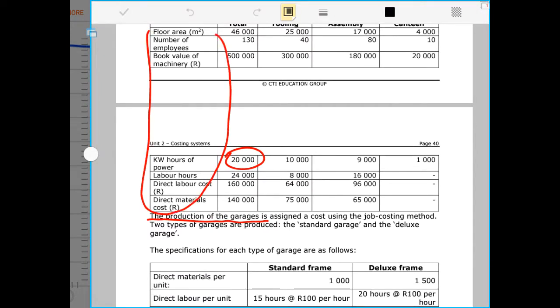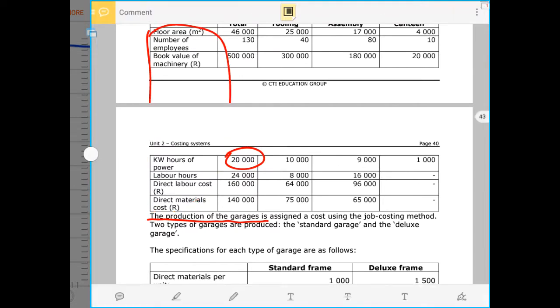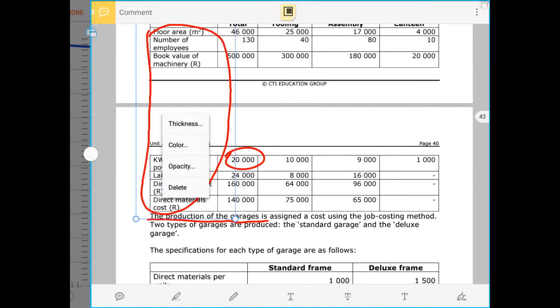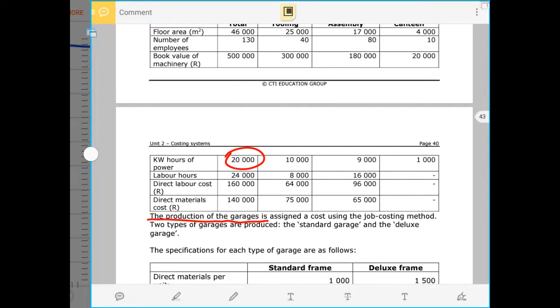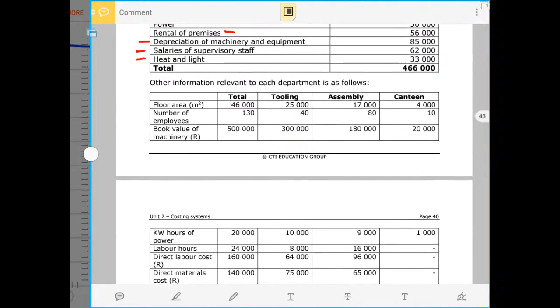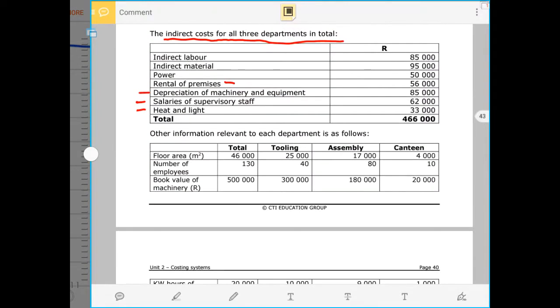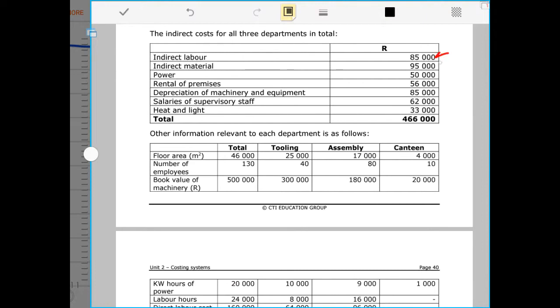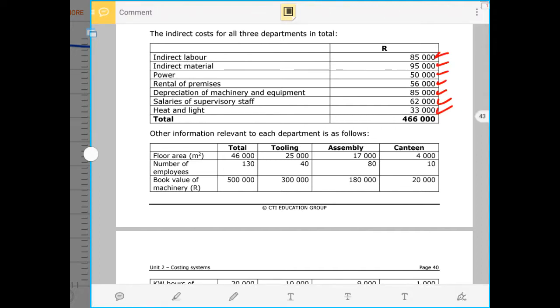Then we allocate through all the departments, including the canteen being the service department. Remember, these are the overheads from the indirect labor up until the heating and lighting. Then we'll have to do that allocation as it is instructed.